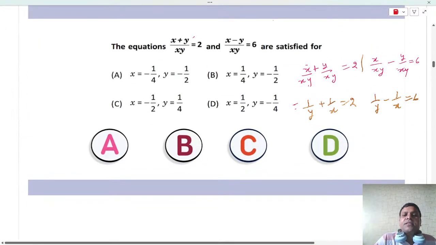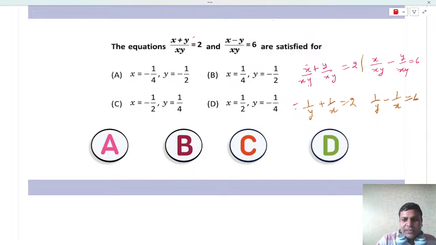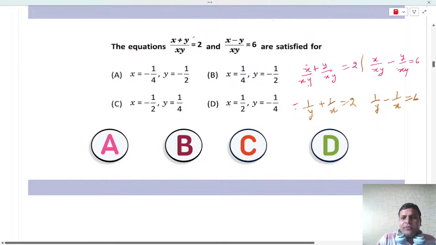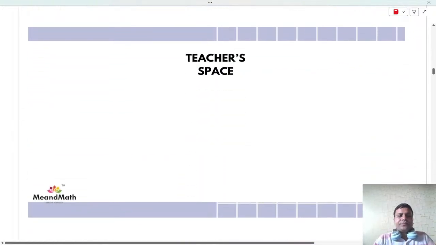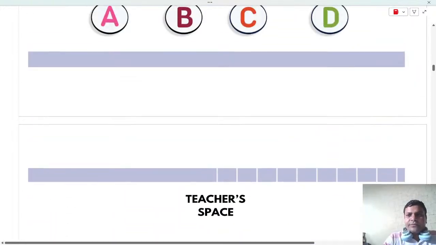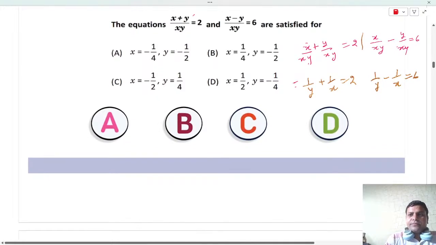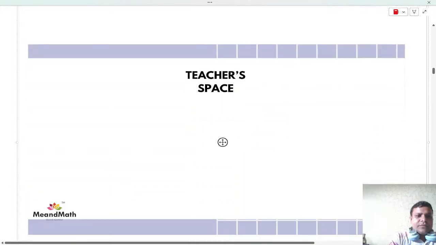So here the equations are 1 upon y plus 1 upon x is equal to 2, and 1 upon y minus 1 upon x is equal to 6. So let's solve this question.